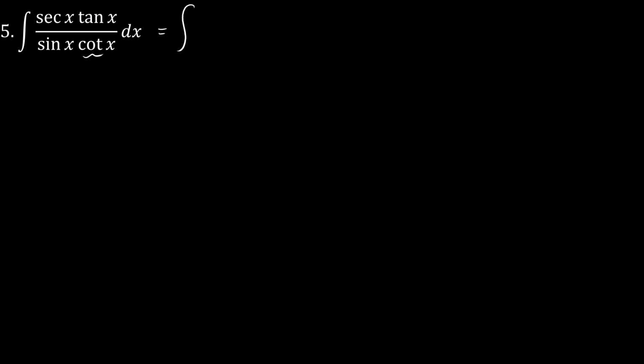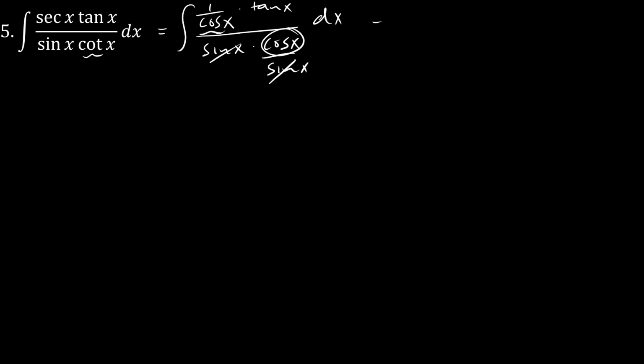So we have secant of x as 1 over cosine of x. Tangent of x, let's just keep it like that. And then sine of x, then we have cosine of x over sine of x. So those cancel, and this interacts with this, so we have sec squared x.